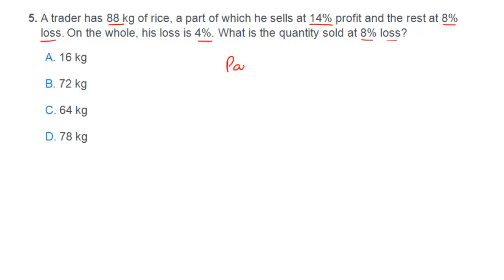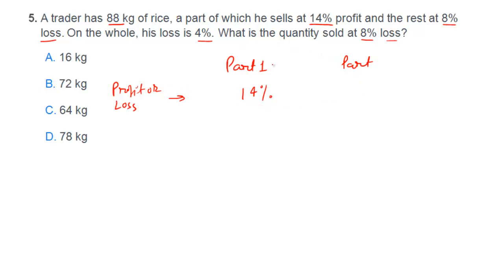So there are two parts, part 1 and part 2. Part 1 out of this 88 kg is sold at 14% profit. So here I will be writing profit or loss, and for profit it should be positive and for loss it should be negative.